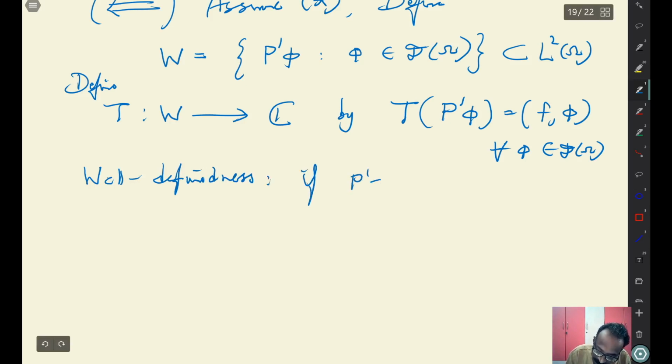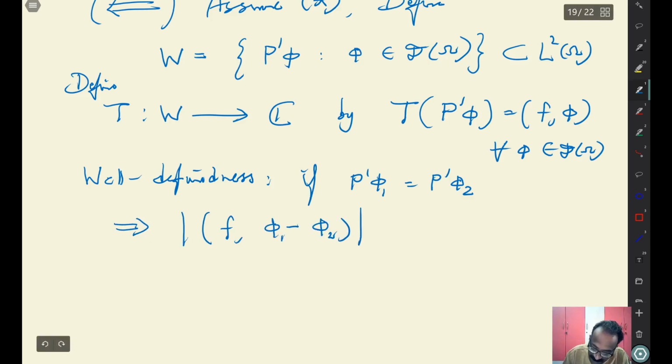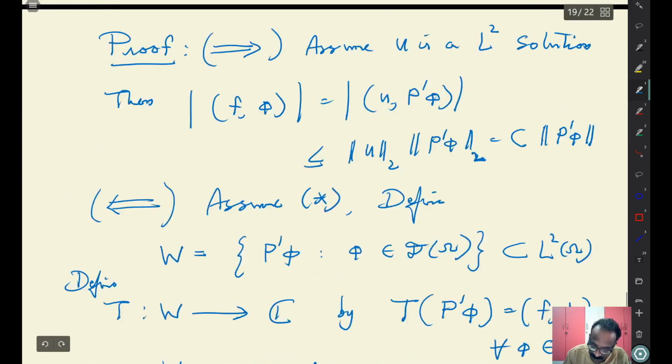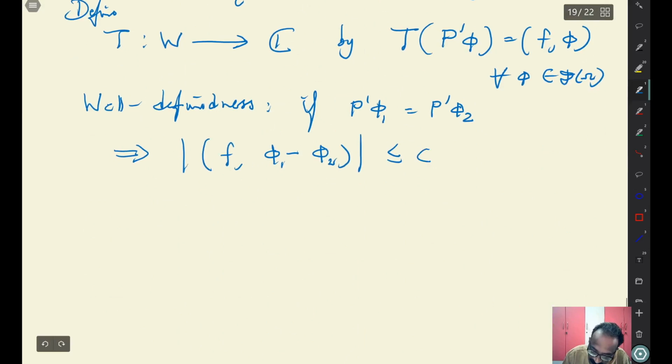If P dash of phi1 equals P dash of phi2, then you can see the modulus of f of phi1 minus phi2, and apply the star inequality given. So it is less than or equal to a constant times the norm of P dash of phi1 minus phi2.